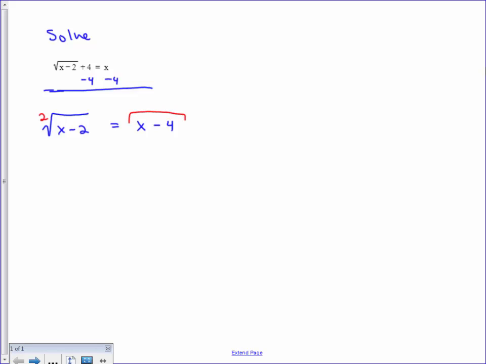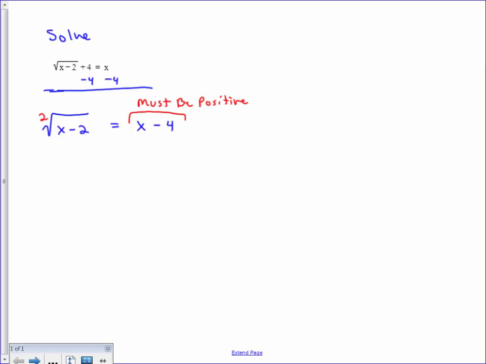This value here must be positive, and we don't know that it's positive right now because we don't know the value of x. And so what we will have to do is go on to solve this equation, and then when we get solutions for x, we must plug them back in the right hand side of this equation to be sure that this right hand value is a positive value.